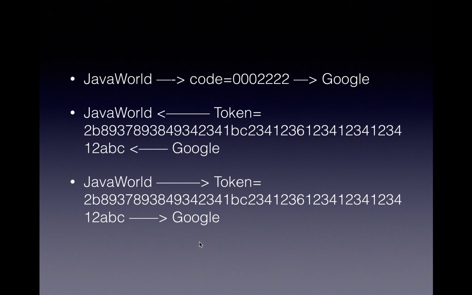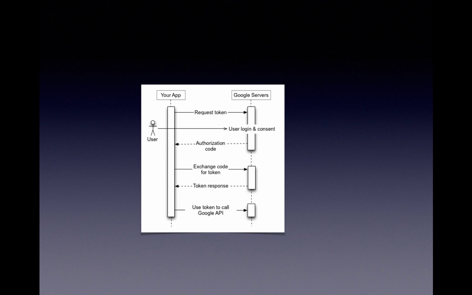So to summarize this entire workflow by borrowing an image from Google, any application that wants to use OAuth will first register itself with the application which is providing the services on behalf of the user. It redirects the user to that application when the user tries to access our application.